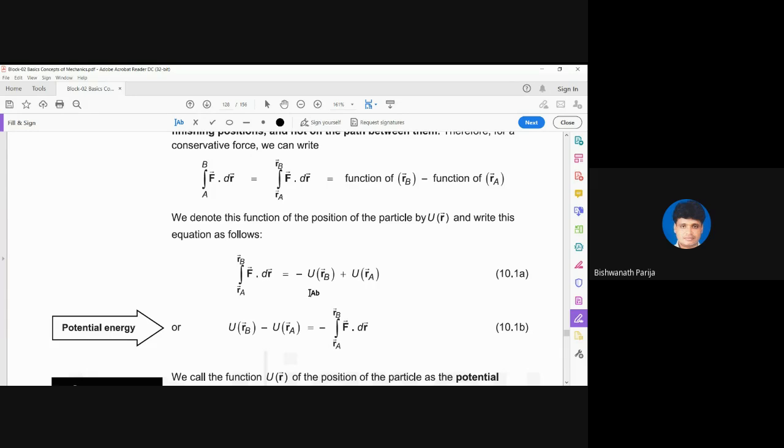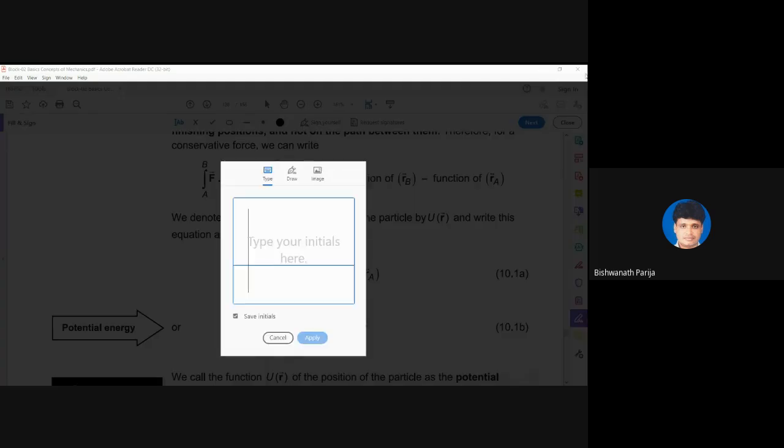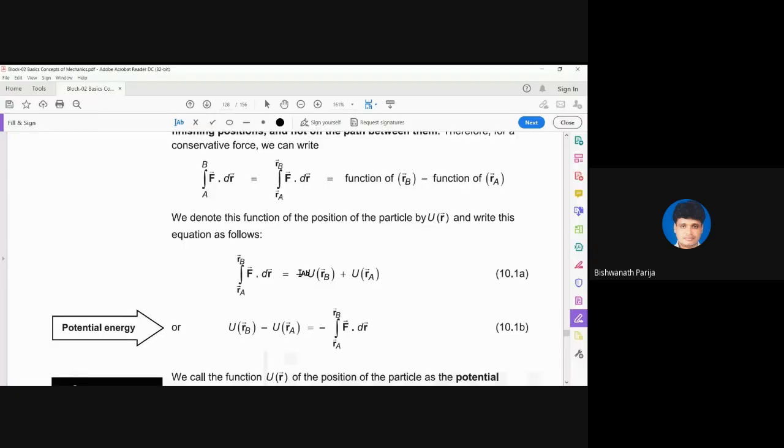Negative of your work done is very, very important. You remember your work done due to the conservative force, you can apply.